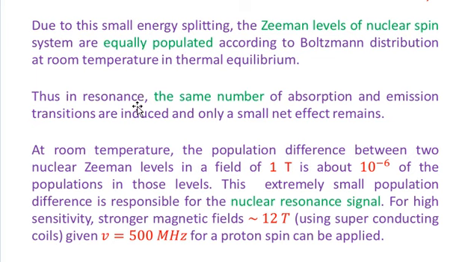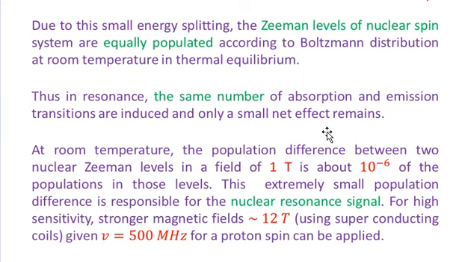Thus, in resonance, the same number of absorption and emission transitions are induced and only a small net effect remains. This point is very important: only a small net effect remains. That is, there will be a small difference between the populations of the upper level with respect to the lower level.